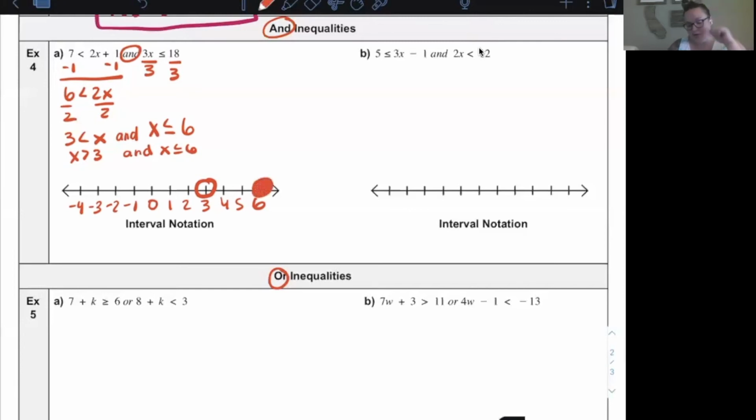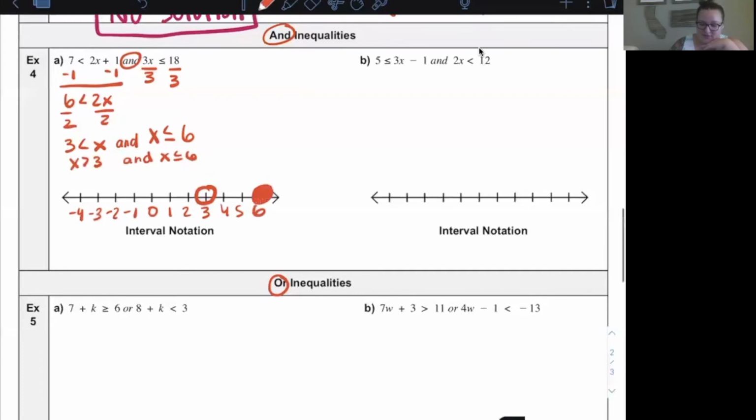You want all the numbers that are less than or equal to 6, and you want all the numbers that are bigger than 3. Do you see how that solution set overlaps right here in between them? That's your solution set. You need the solutions that make both statements true at the same time. So we don't want all the numbers that go past 3, and we don't want all the numbers that go past 6.